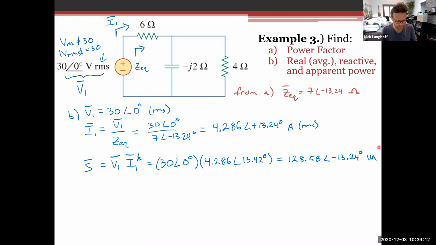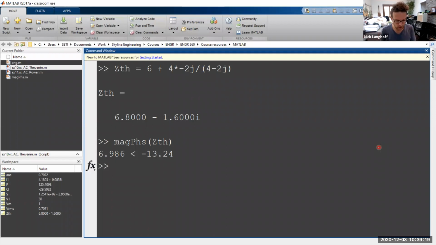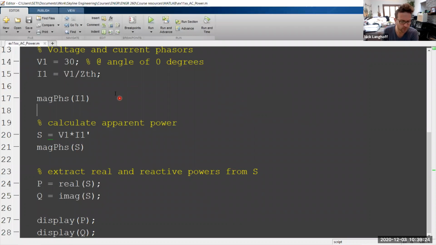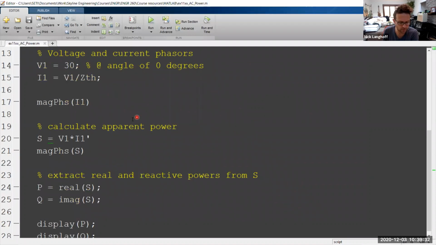Now, if we wanted to convert that into rectangular form, you could do a couple of things. Let's see, how did I do this? I actually put together a short script in MATLAB to calculate this problem. We have Z Thevenin calculated here. Here's the voltage and current phasors. By the way, this is in RMS. V1 is 30 at an angle of 0 degrees. I1 is V1 over Z Thevenin. I was calling it Z Thevenin in this one instead of ZEQ, but okay.